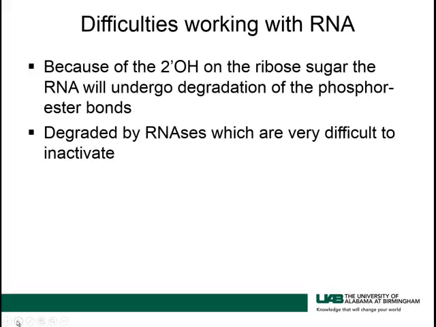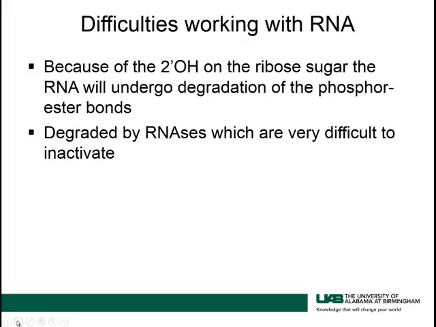Why is it so hard to work with RNA? Well, you remember from your basic chemistry that we discussed the structure of DNA and RNA. One of the differences between DNA and RNA is that DNA has deoxyribose sugar, which means it's missing the 2' hydroxyl group, while RNA has the 2' hydroxyl group.